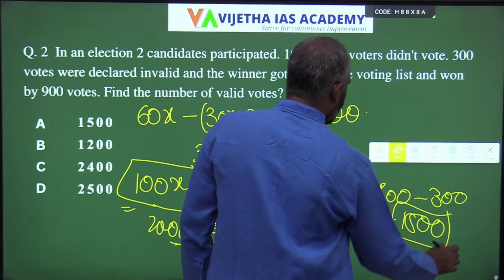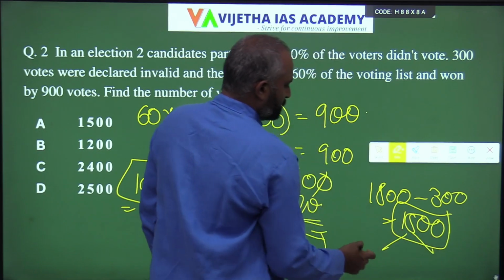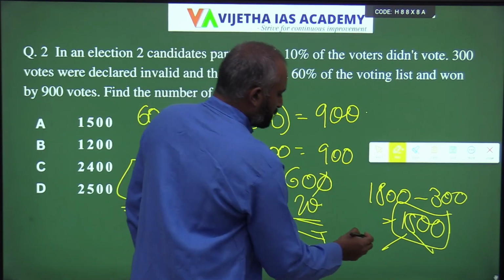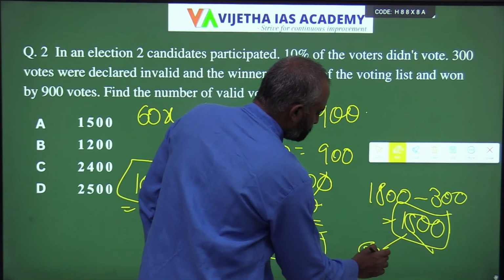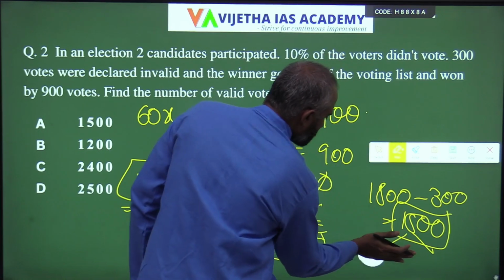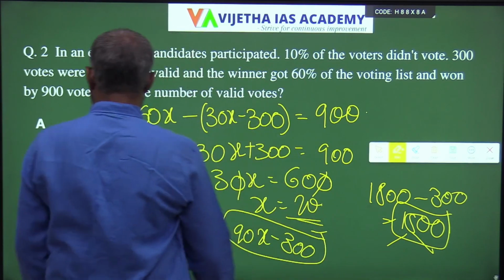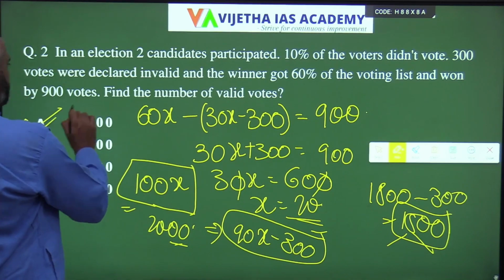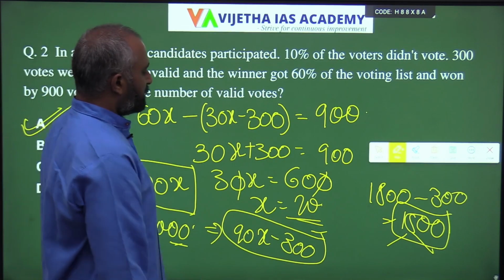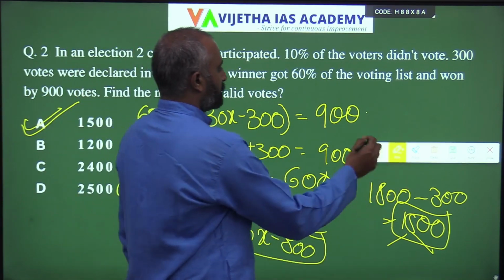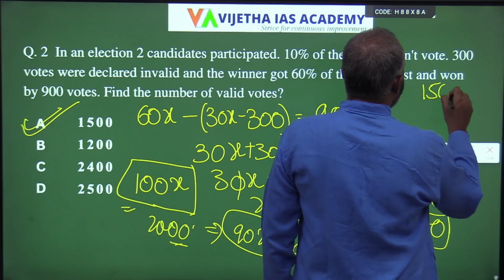So the number of valid votes are 1500, so the answer is obviously A. Now you could verify this also.